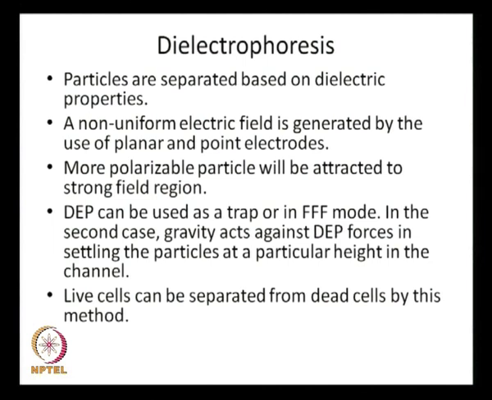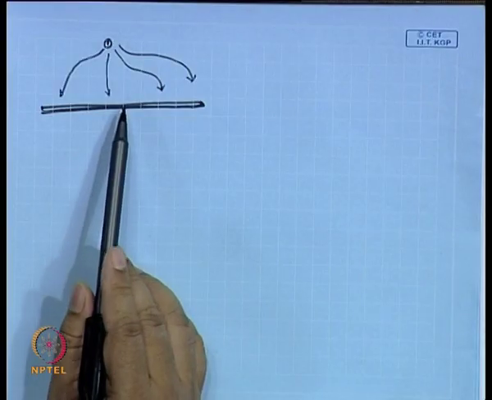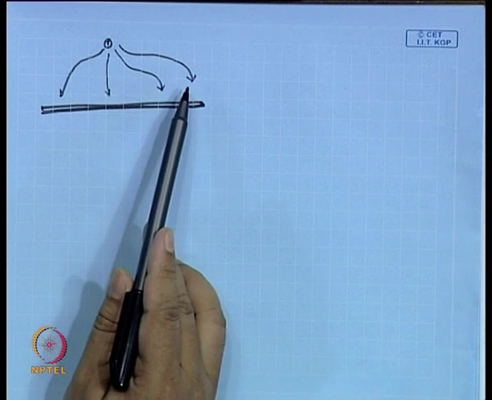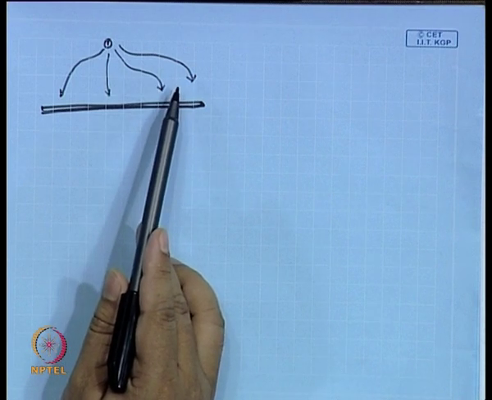So, DEP can be used as a trap or in field flow fractionation mode. DEP can be used as a trap, depending on dielectric properties of the particles. Some particles can be held between the two electrodes, while others will be allowed to pass through that place. This is called a DEP trap.